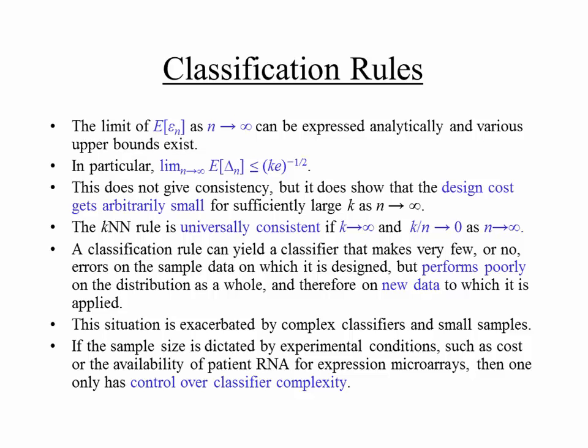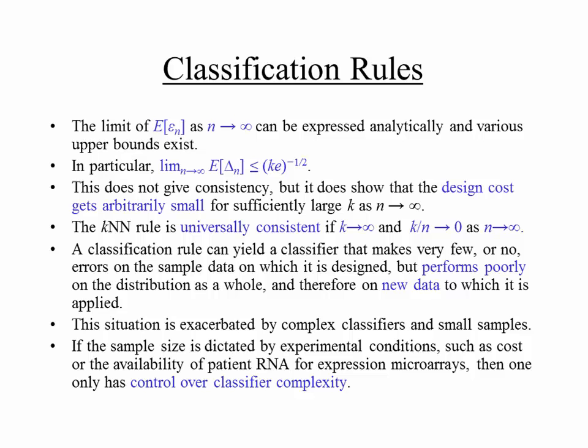So the k nearest neighbor rule is universally consistent if k goes to infinity and the ratio of k over n goes to 0. That means the number of neighbors is going to infinity, but the number of samples increases faster than the number of neighbors.